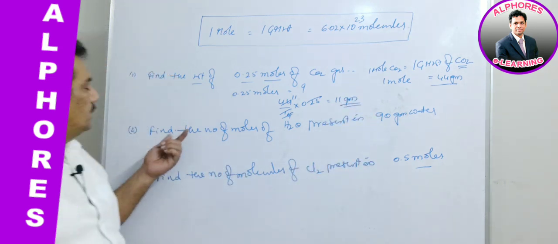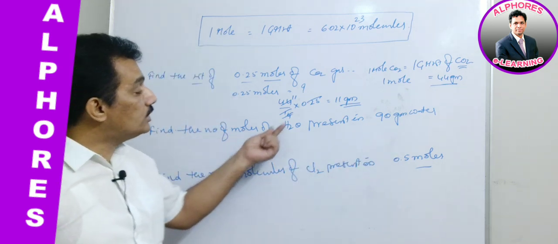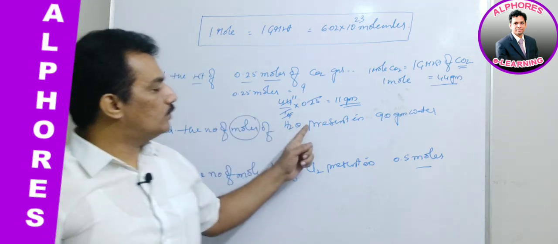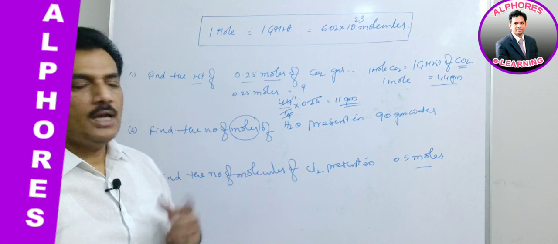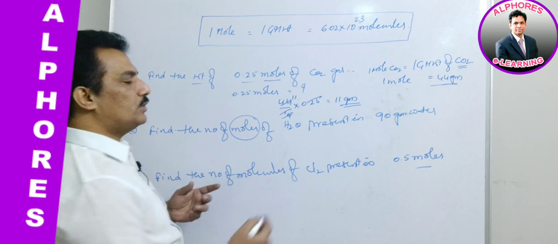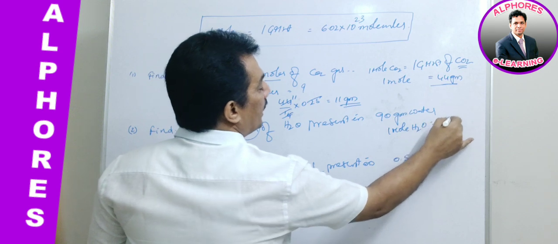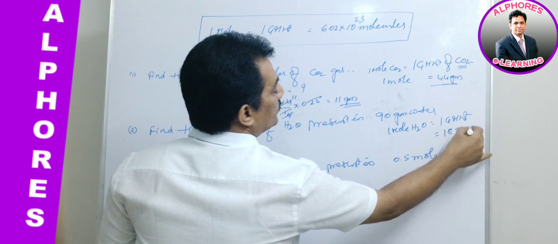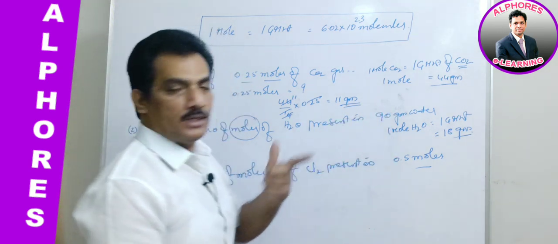Clear? Now I think you can solve the next question: find the number of moles of H2O, that is water, present in 90 grams of water. For that, first we should know the weight of 1 mole of water. 1 mole H2O is equal to 1 gram molecular weight of H2O, that is 18 grams. When 1 mole is 18 grams, how many moles are present in 90 grams?